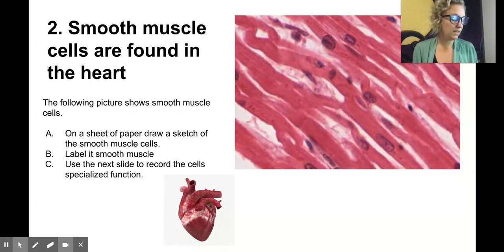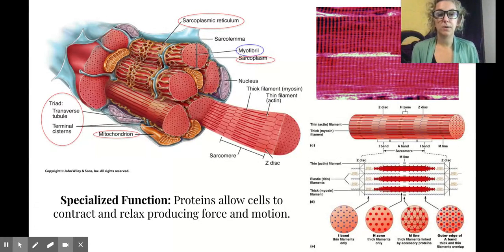And then to follow that, what is the specialized function? The proteins that are produced by muscle allow cells to contract and relax, producing motion.